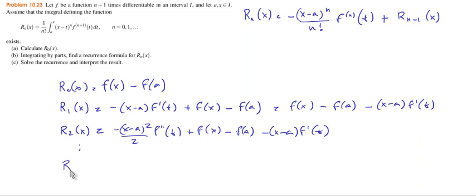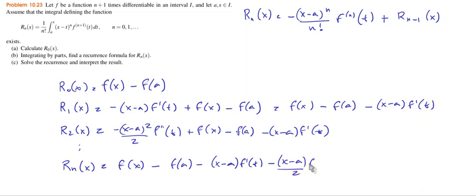You can keep doing this, but I assure you this is going to be f of x minus f at a minus (x minus a) f prime, minus (x minus a) squared over 2 times the second derivative. Sorry, this is not t, this is a.